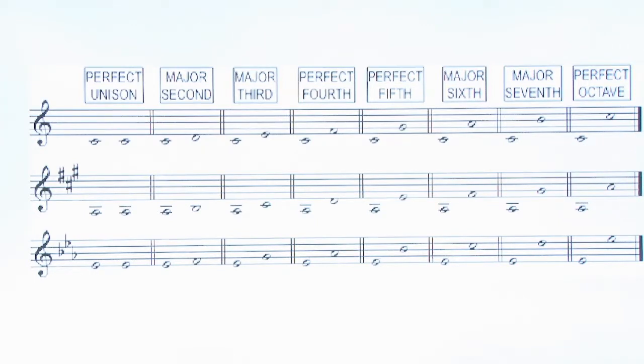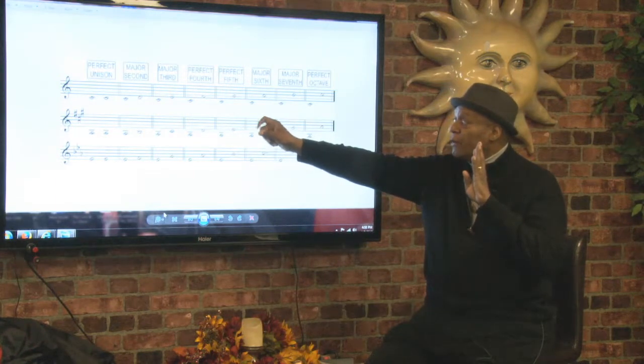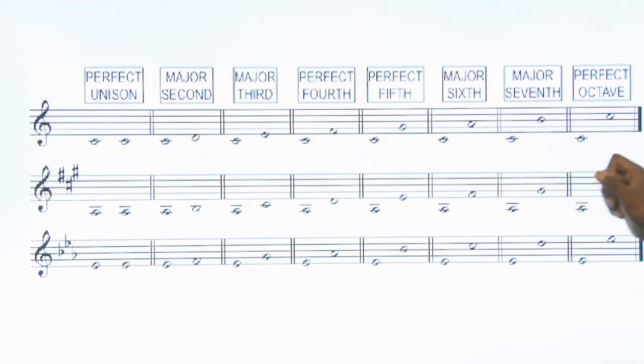So they are in the major scale. There are 4 perfect intervals: perfect unison, perfect fourth, perfect fifth, and perfect octave. All right? 4 perfect intervals.